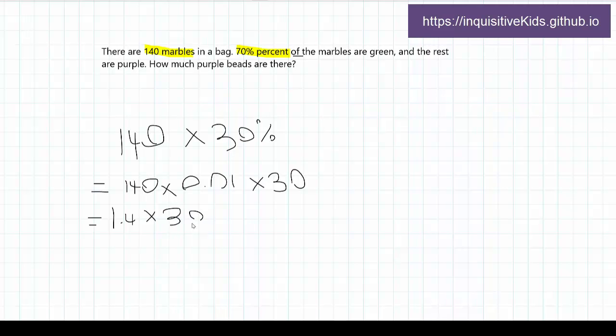And then we multiply it with 30 to get 42. There are 42 purple marbles.